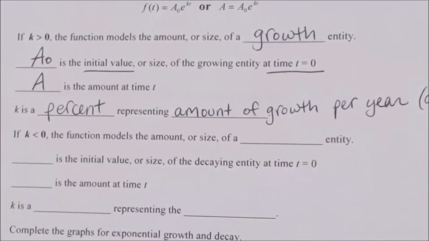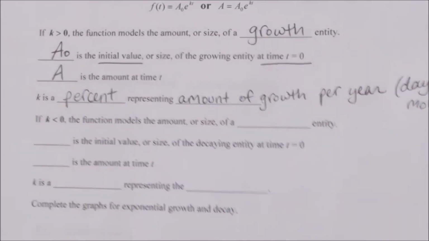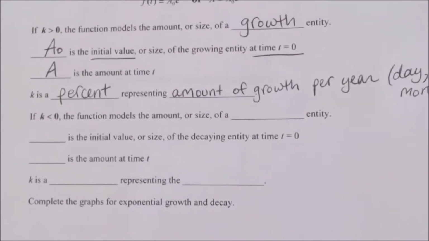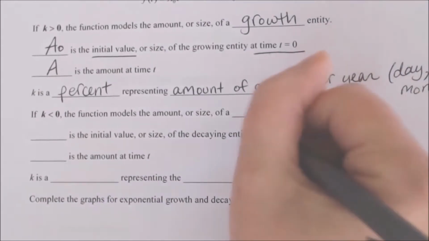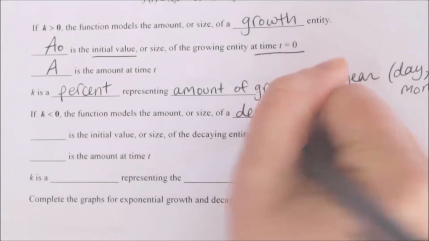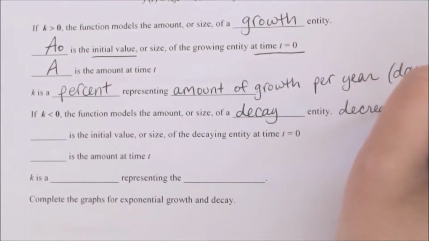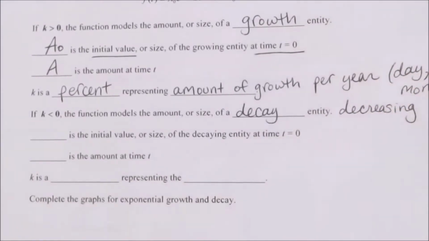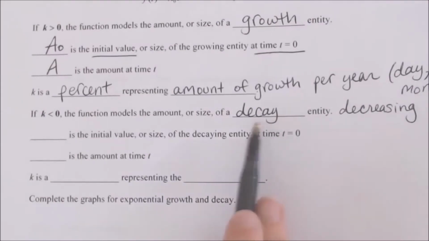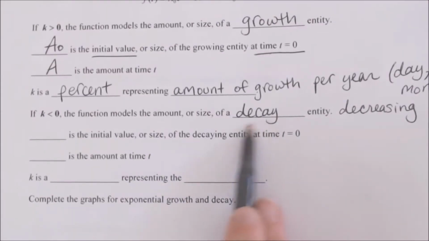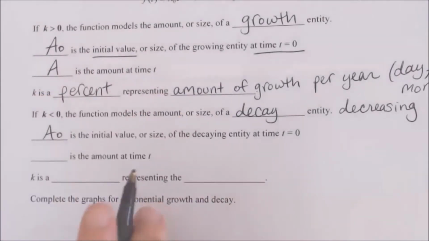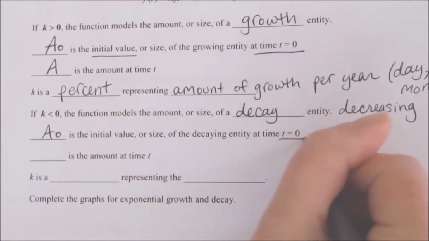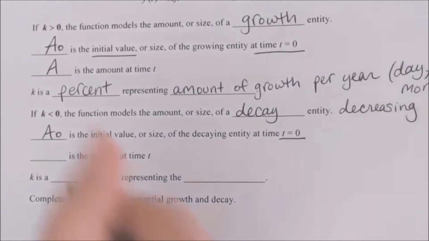If K is negative, on the other hand, then we have a decreasing model. If K is negative, the function models the amount or size of a decay, or you can say decreasing model. So if K is positive, we have an increasing function. If K is negative, we're going to have a decreasing, or what in science we might call a decay entity. Everything else is the same. A naught is the initial value or size at t equals 0 when we start measuring.